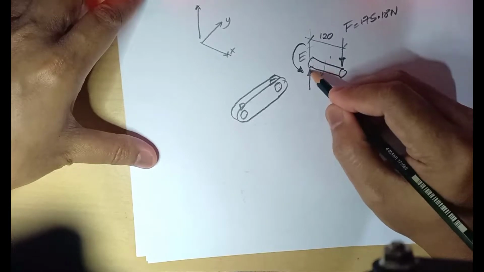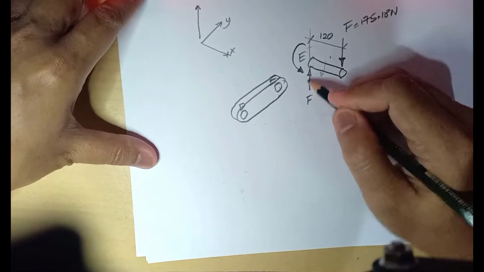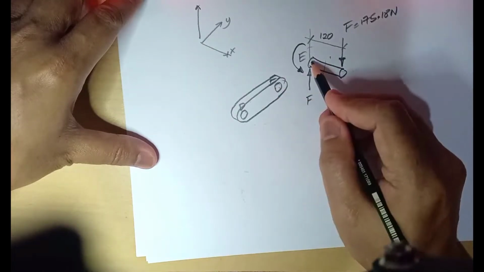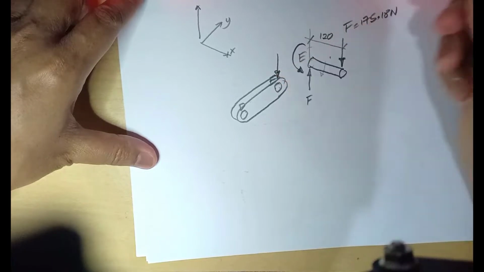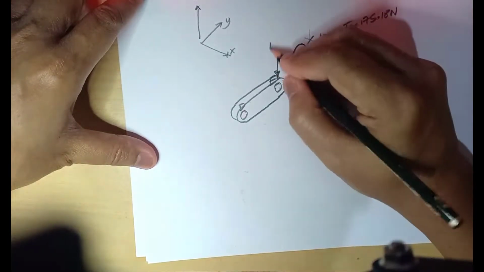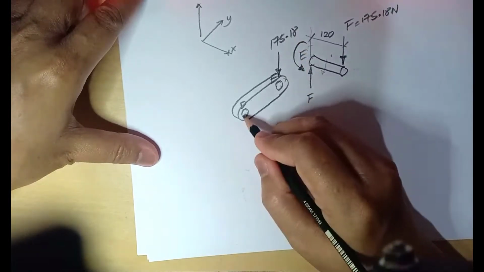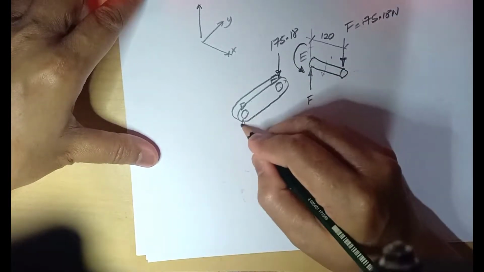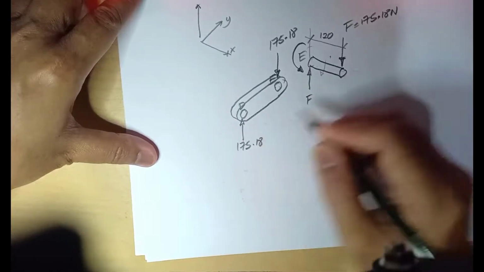Since the force here, which is 175.18, at E is pointing upward, and E is joined to E here, it will cancel out, so the force will be downward, the same value, 175.18, and at point D it should be pointing upward to make it balance.